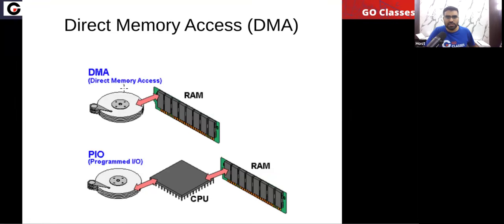There will be direct memory access, meaning the data transfer will happen directly, without any involvement of the CPU. You can easily see, between the IO device, which is your hard drive, and the main memory, which is RAM, the data transfer will happen directly without any involvement of the CPU. Okay, so this is the point.